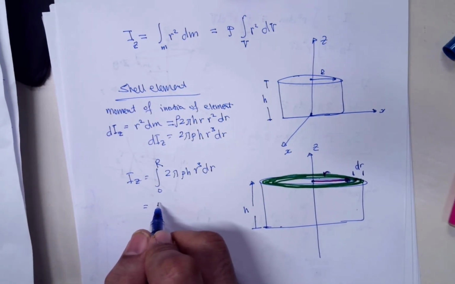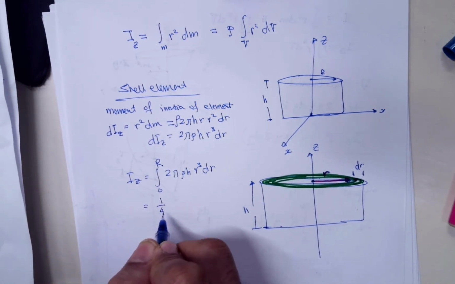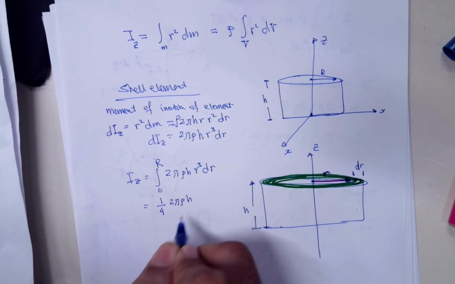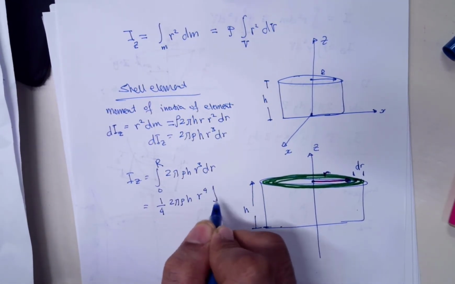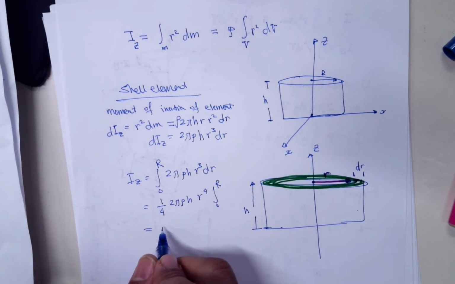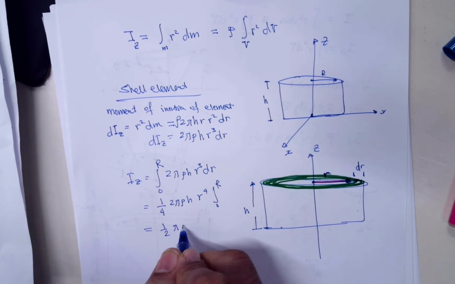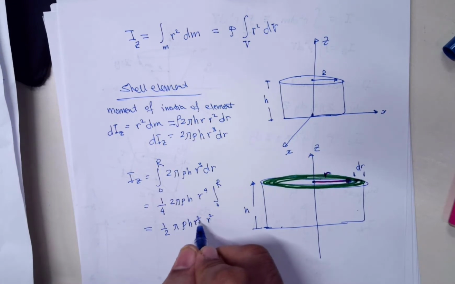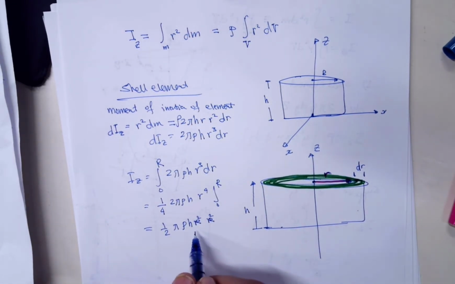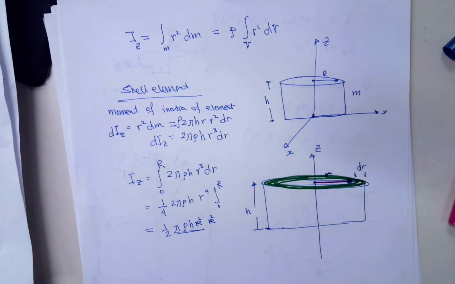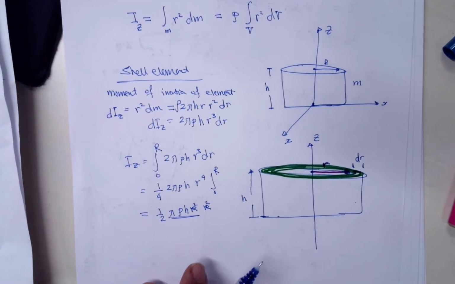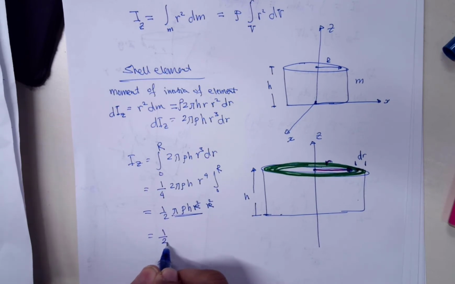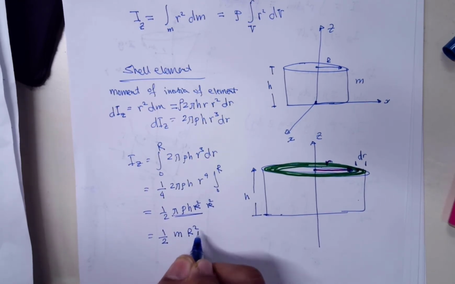So this is going to be 1 over 4 times 2 pi rho h r to the power 4 from 0 to r, and that is equal to half pi rho h r square times r square. That over here defines the mass of that body, so therefore this is equal to half mass r square.